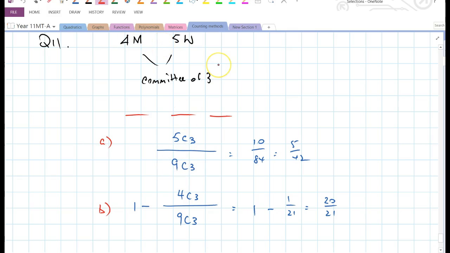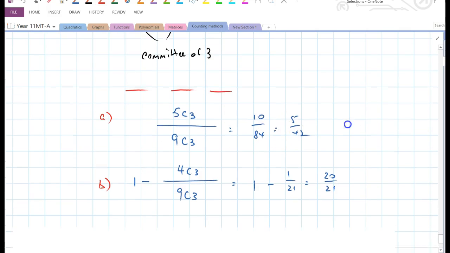A committee of 3 from 9 people, and it doesn't matter what sex they are, because our denominator is all the possibilities, so it's 9C3. In the numerator, we're looking at the number of ways of selecting 3 women from 5. So because they're all women, 5C3 over 9C3, 10 over 84, or 5 over 42.